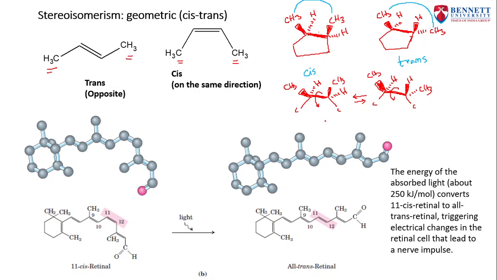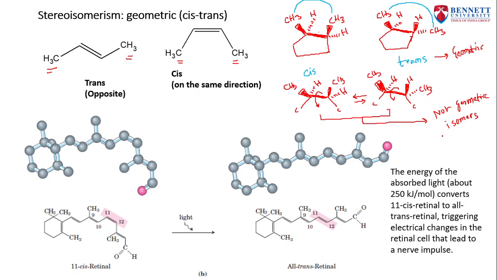So these are not geometric isomers, but these two are geometric isomers. Okay, I hope that is okay. So these you can place as conformers because the relative arrangement can be changed by bond rotation.